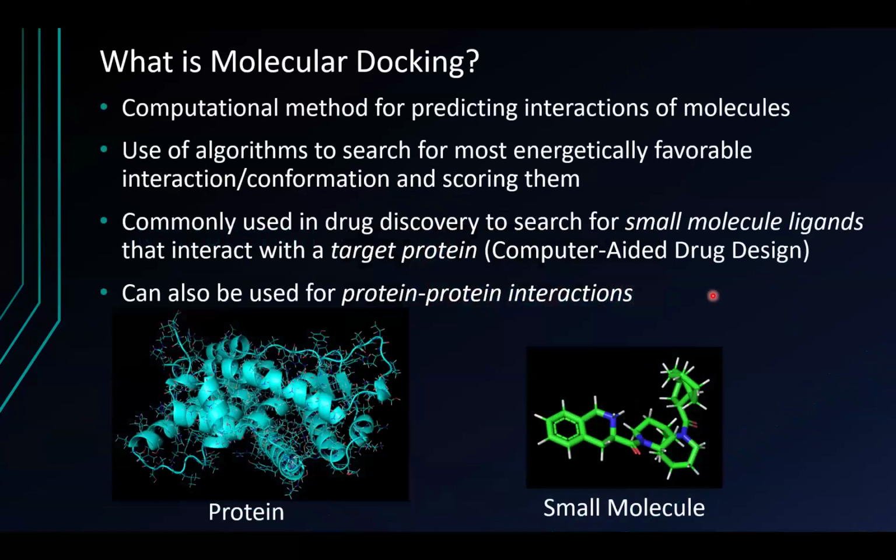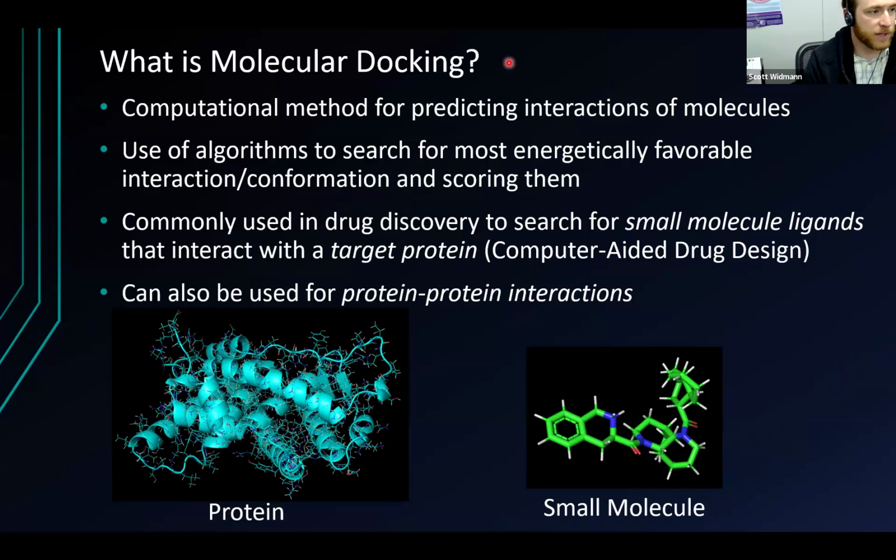So molecular docking is a computational method for predicting interactions of molecules. These can be small molecules, we might think of as drugs, with proteins. You can also do proteins in other proteins or peptides in proteins.